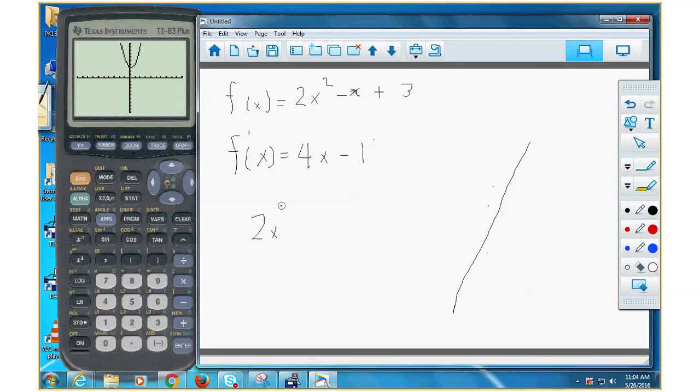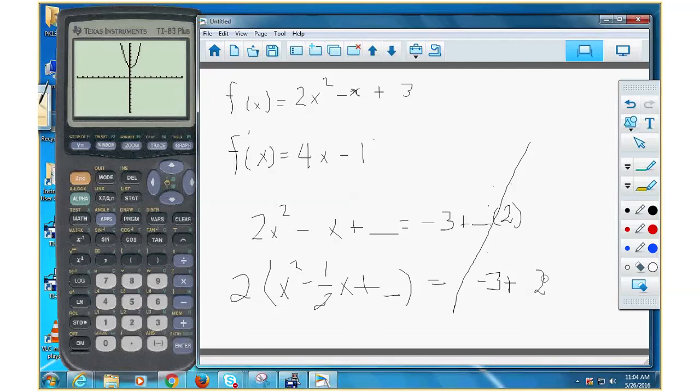So 2x squared minus x plus blank is equal to -3 plus blank. Factor out a 2, so you're going to multiply that by 2. Factor out a 2 here, that's going to give you x squared minus 1/2 x plus blank is equal to -3 plus 2 times blank. 1/2 divided by 2 is 1/4. 1/4 squared is 1/16.